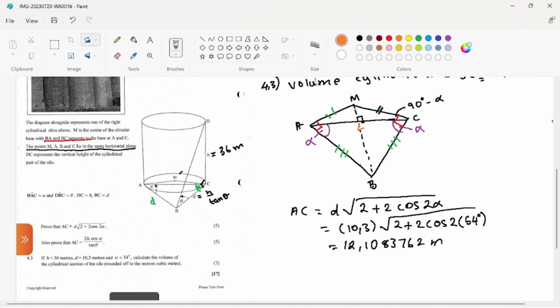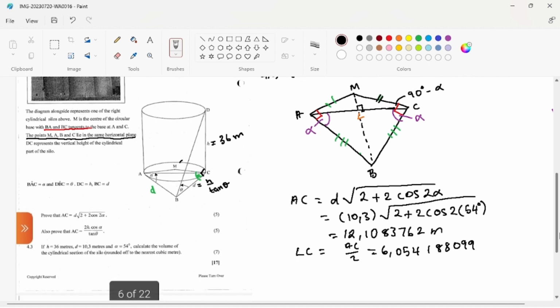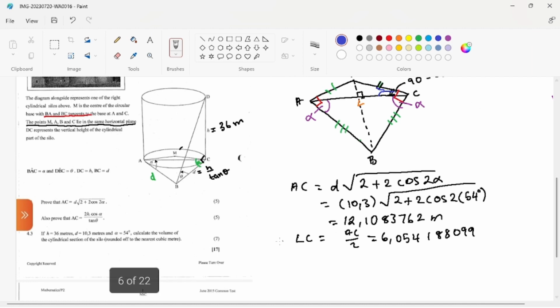So you can say LC is equal to AC divided by 2. You take that answer, divide it by 2, and you get 6,054,188,099. Then we use our trigonometric ratios. Since we have this smaller angle here, we say adjacent over hypotenuse. We want MC.